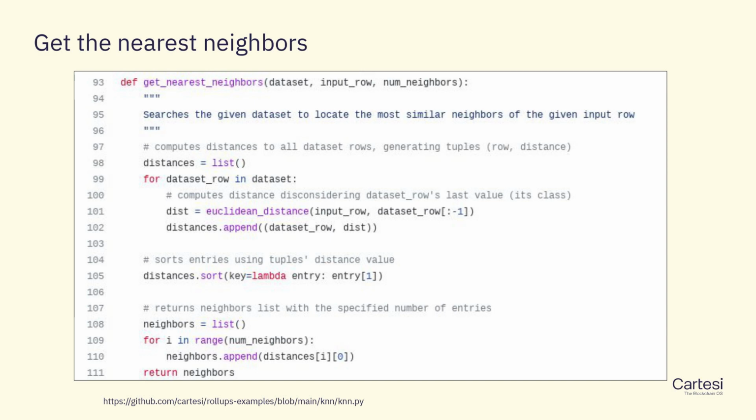We also have a neighbors list, specified by the number of entries, and we append those neighbors based on the distance. That is how the nearest neighbors algorithm works.